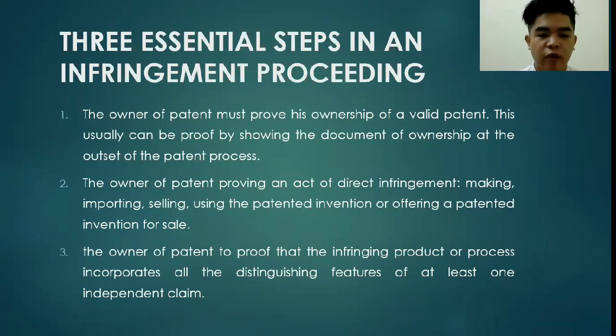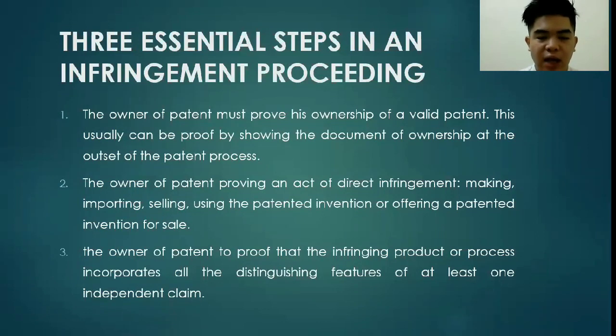Secondly, the owner of the patent must prove an act of direct infringement. The act of direct infringement under Section 58 of the Patent Act 1983 has to be read together with Section 36, subsection 3, which we have mentioned earlier: the infringing party must have engaged in one of the 5 prescribed activities that make one guilty of infringement.